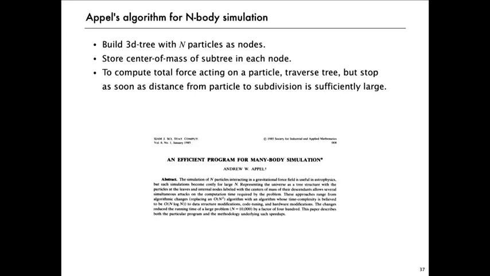And that idea that you didn't need to take time proportional to n squared, but with a geometric algorithm like a 3D tree, you could get the time to n log n, that enabled all sorts of new scientific investigation. And it's an example of the use of algorithms to enable new research.